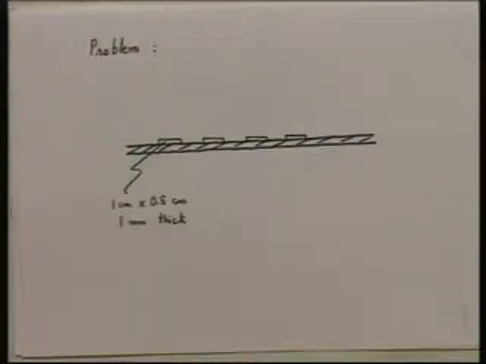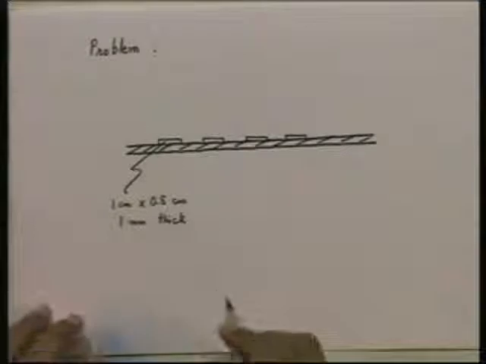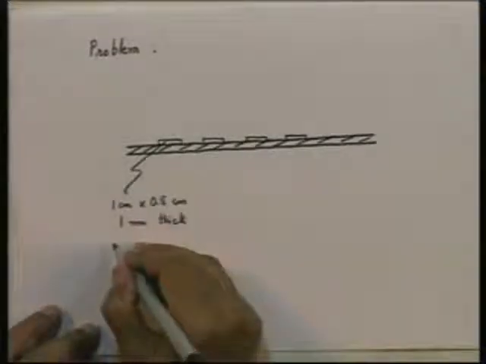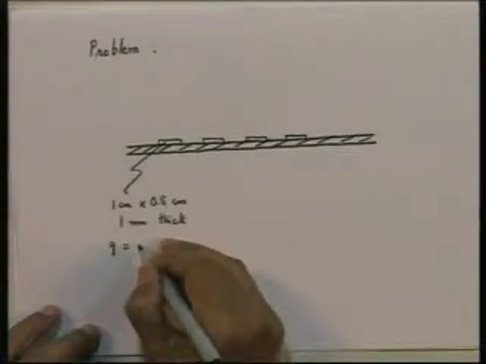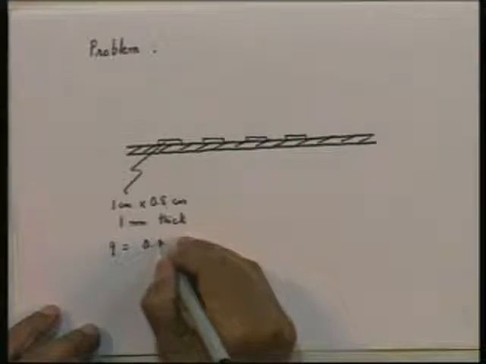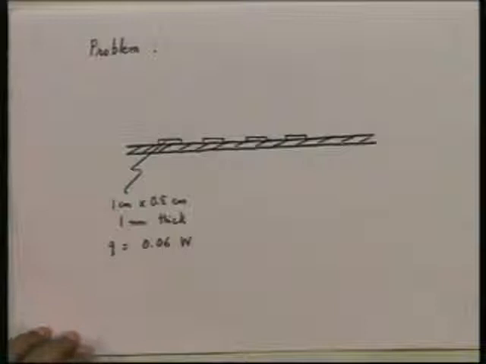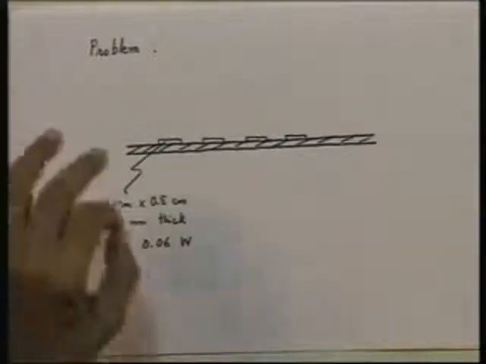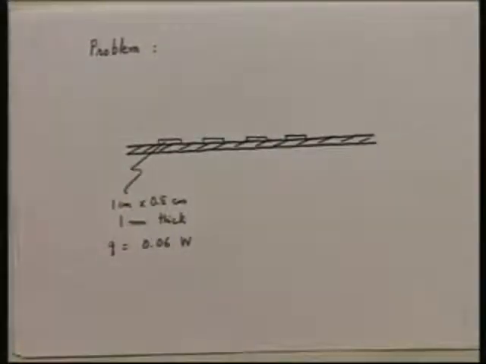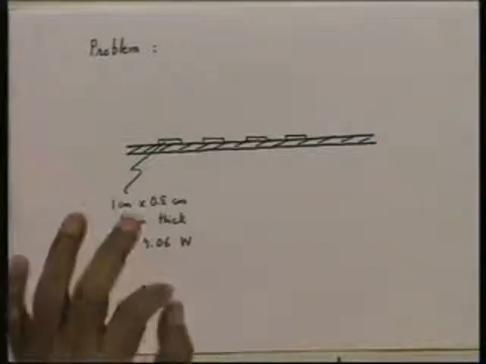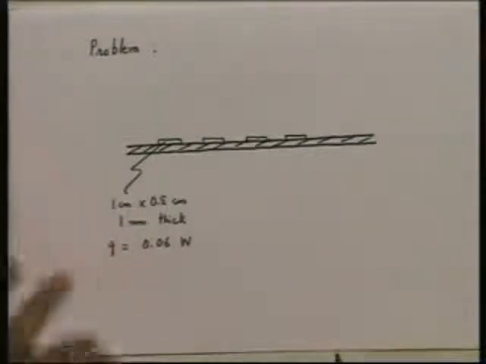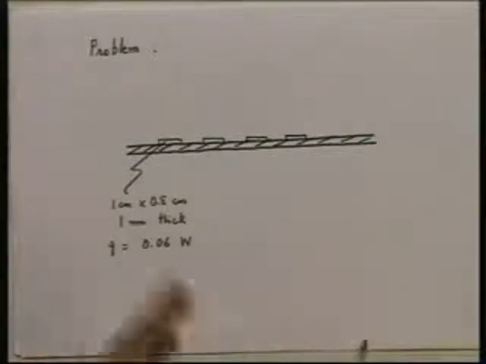Obviously, some heat is being generated, and let us say the quantity of heat being generated in each chip, Q, is 0.06 watts. This is the rate at which heat is being generated in each chip. Now, in order to keep the chip cool, you recall when I talked about problems of interest to us in heat transfer, I said cooling of electronic chips is one such application.